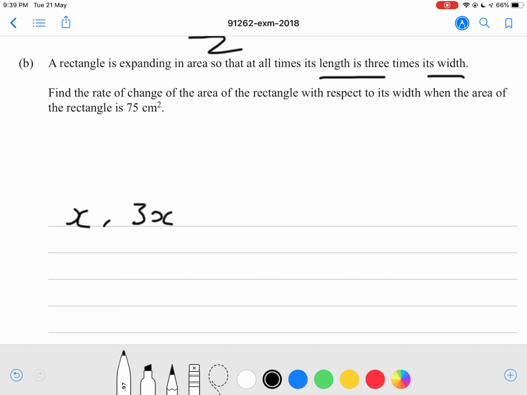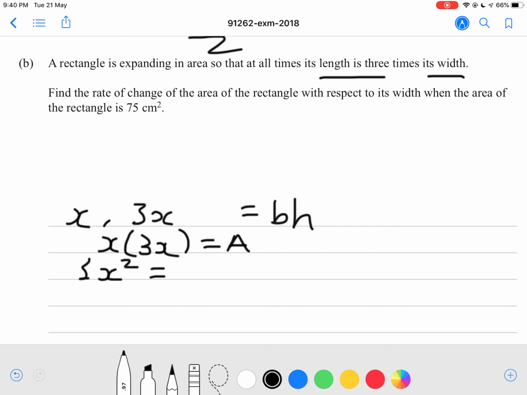To find the area of a rectangle, we say base times height, so x multiplied by 3x equals the area. So 3x squared equals the area.